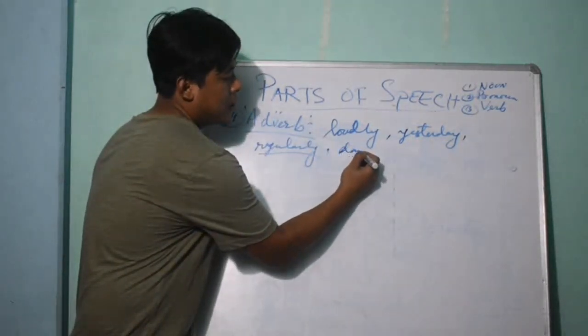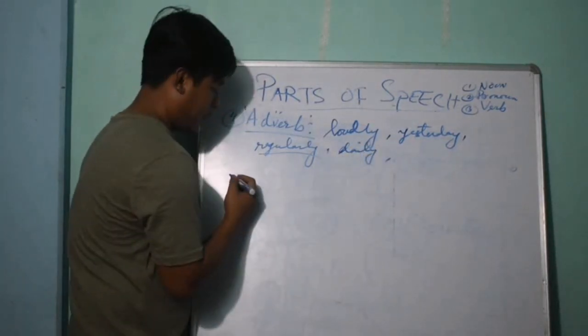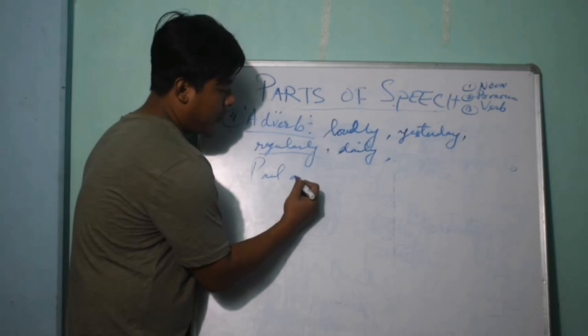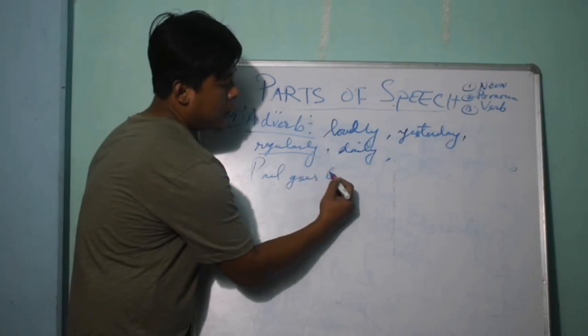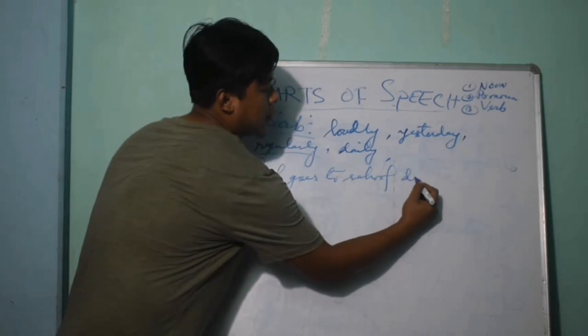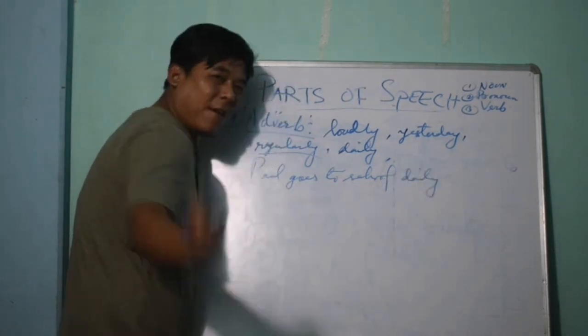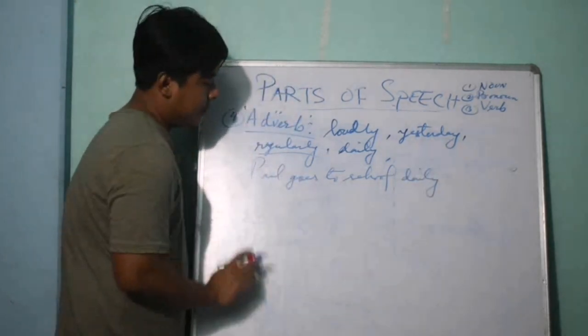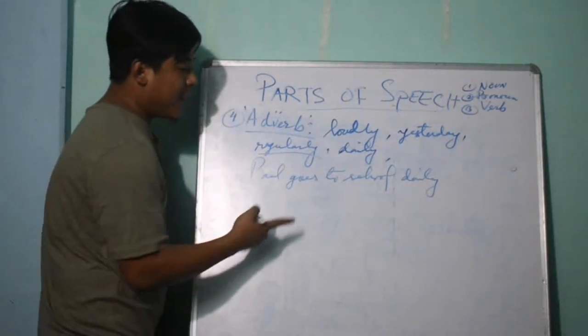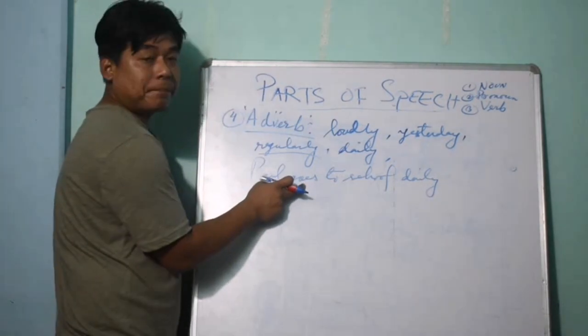Daily. The previous example. Paul goes to school daily. Never mind the handwriting. Alright, so here you can see another form of verb again.